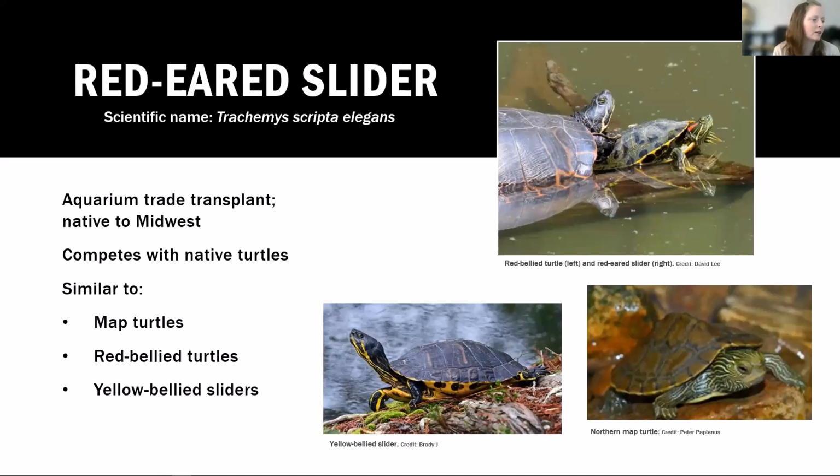And then the shell, it's not visible in that picture, but a map turtle has some distinct edges on the back of the shell near the tail. The yellow-bellied slider is another introduced species, but that one has that distinct yellow stripe behind its eye, so it looks different than the red-eared slider.